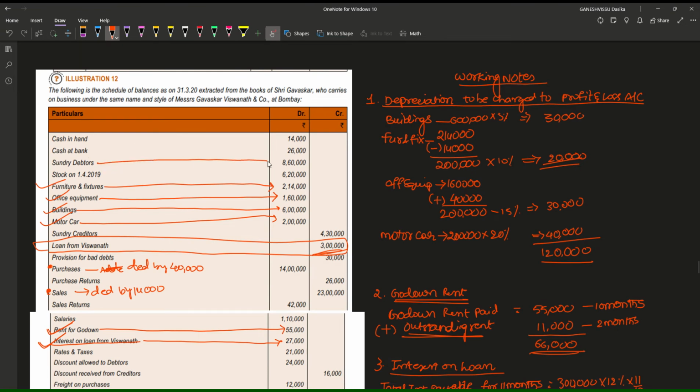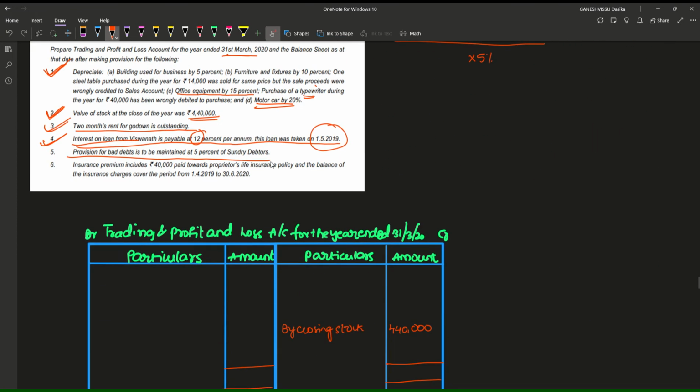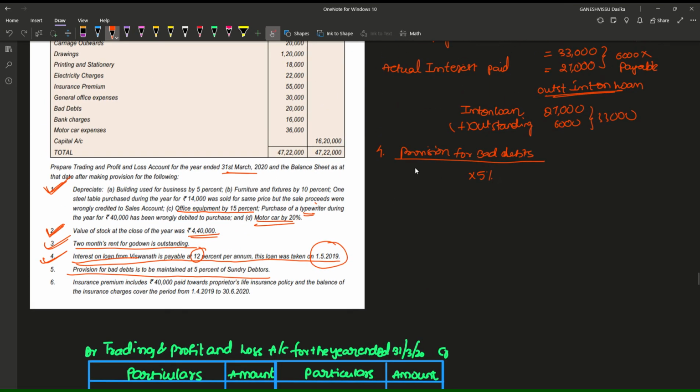8,60,000 here. There is a value of sundry debtors for 8,60,000. So actual provision to be made is 8,60,000 into 5%, which is 43,000. So provision made is 43,000, and actual provision according to trial balance.